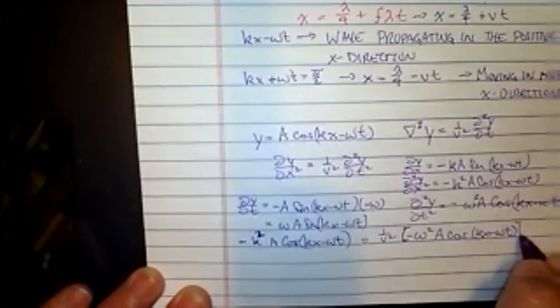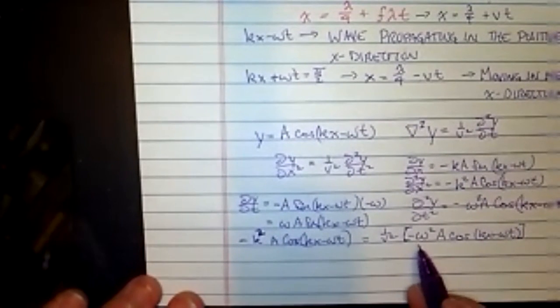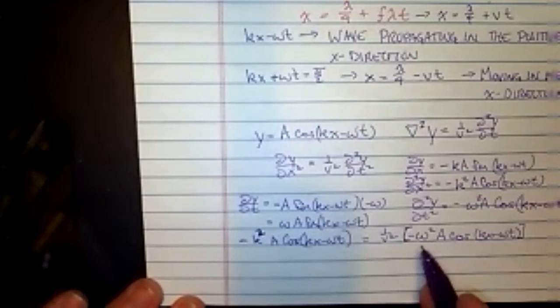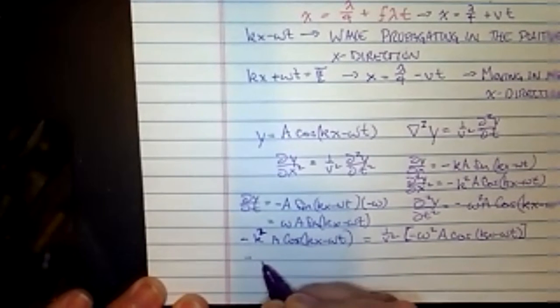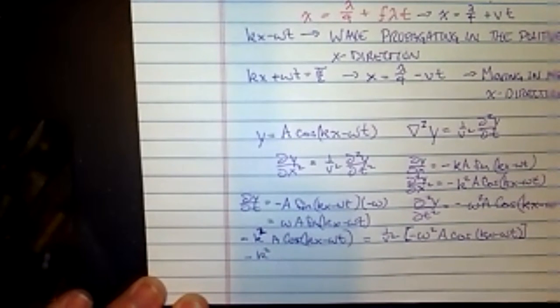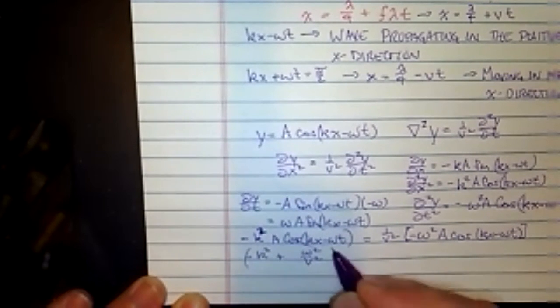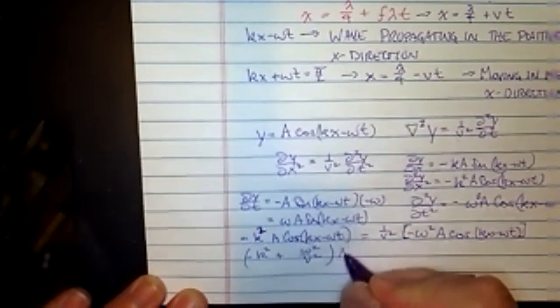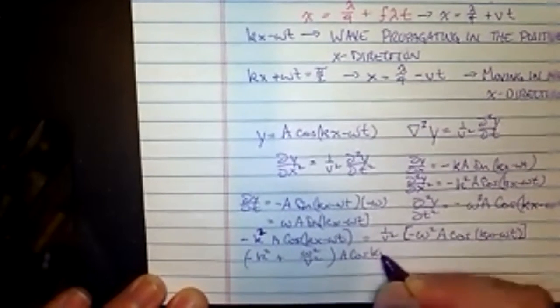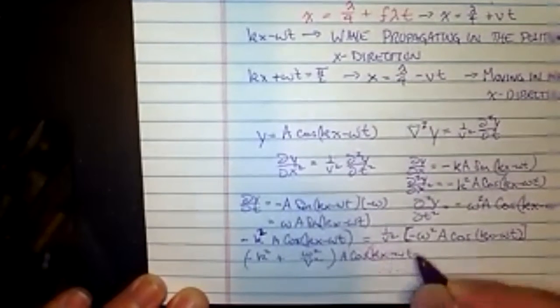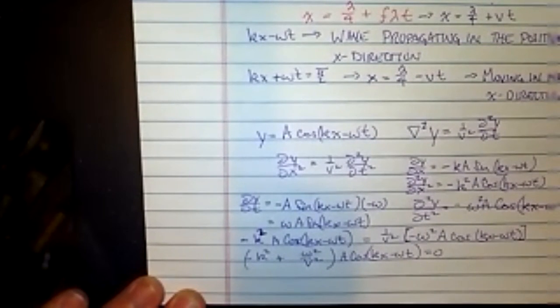When I pull it over here, it'll be a positive. So I'll get negative k squared plus omega squared over v squared, all that times a cosine of kx minus omega t, is equal to 0.